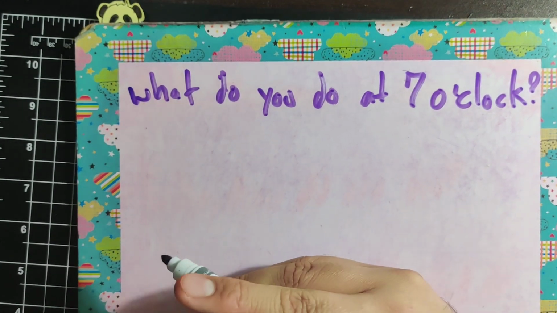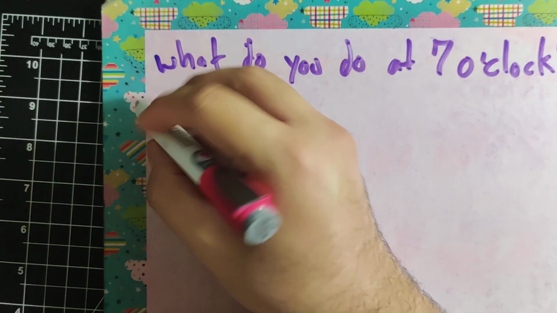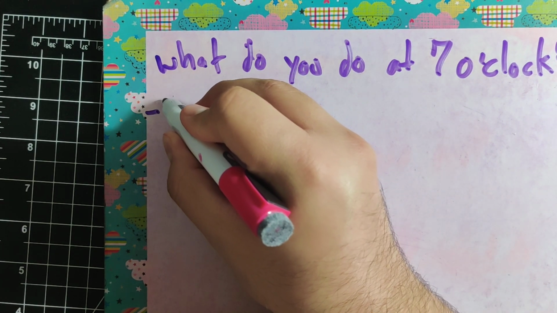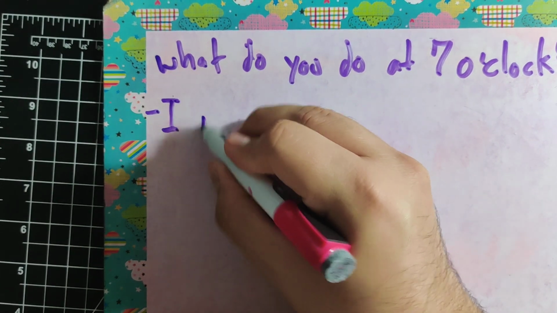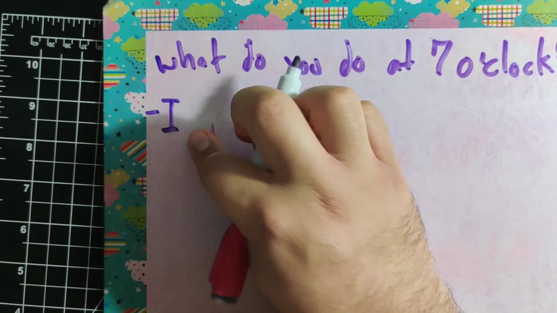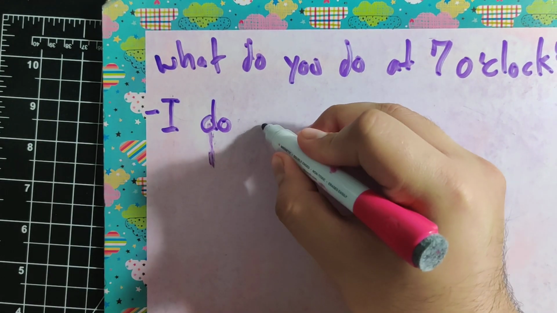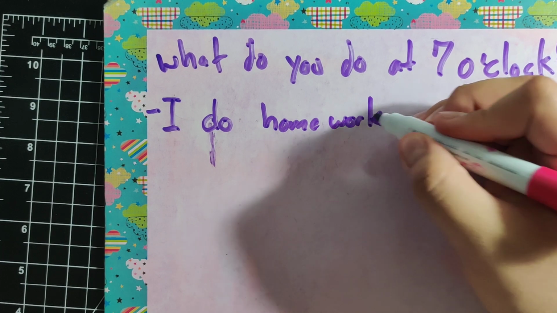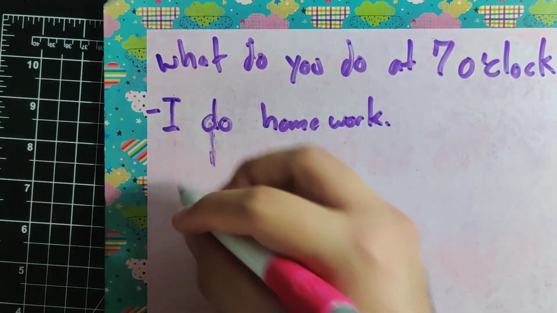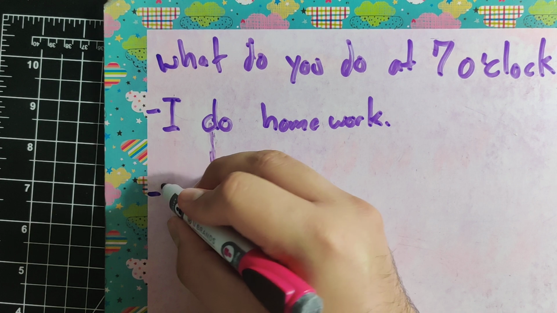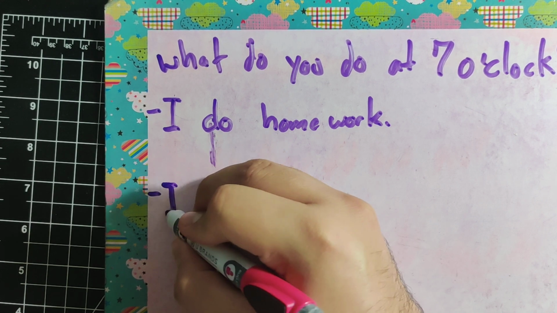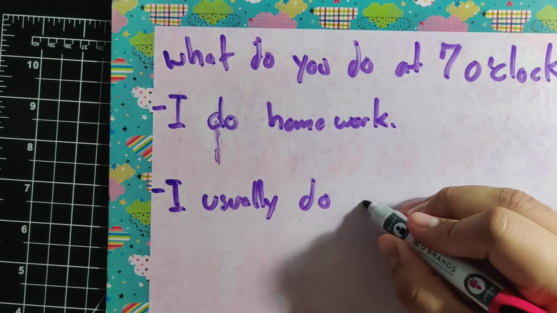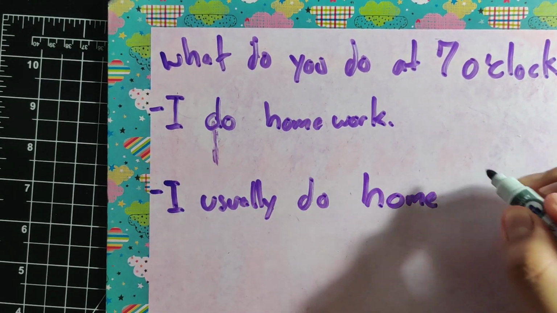What do you do at 7 o'clock? You could say, for example, I do homework. But you could say something like, oh, at 7 o'clock, I usually do homework.